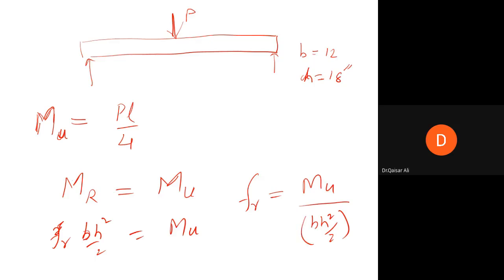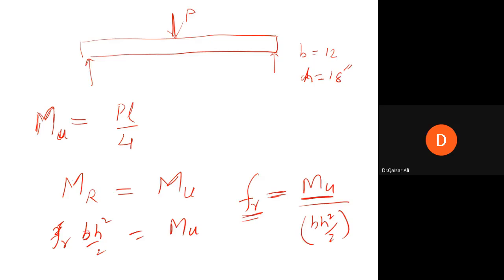So you will be able to calculate Fr corresponding to a given Mu. Okay. So if Mu is more, you will need more Fr. If Mu is less, you will need less Fr value, which is Fr is equal to 7.5 square root of fc prime.